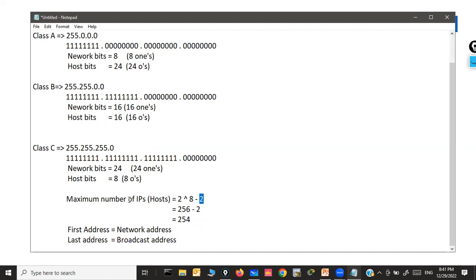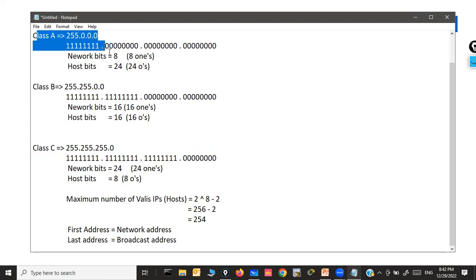So the maximum number of valid IPs, meaning IPs that can be assigned to end host devices, is 256 minus 2 equals 254. So a total of 254 IPs are available in a Class C network, and Class C is the smallest network.